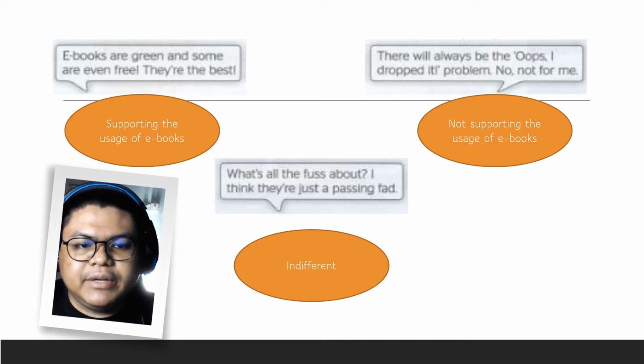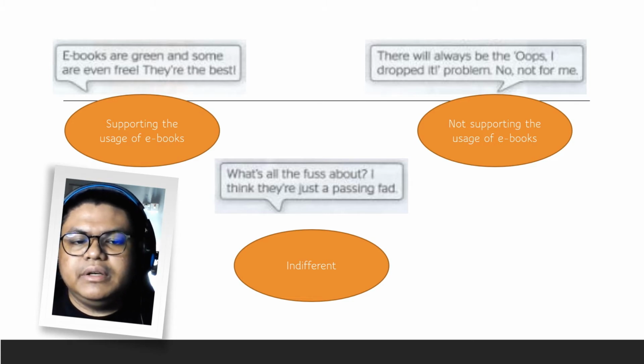Okay, and as for the second person, there will always be the oops, I dropped it problem tu kan. Okay, so this particular person does not support the usage of ebooks. Okay, so this person disagrees lah, senang cerita. Okay, dia tak bersetuju dengan penggunaan ebooks.